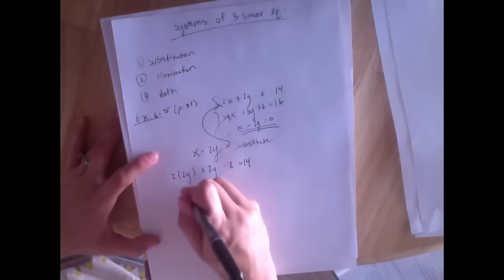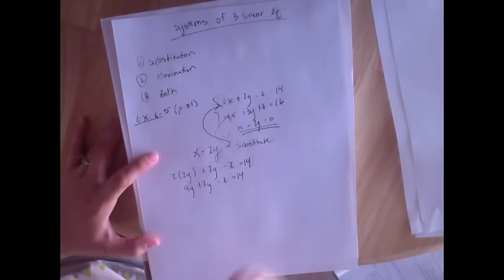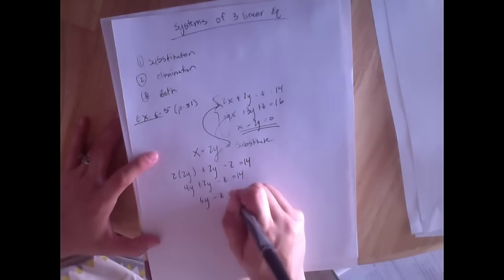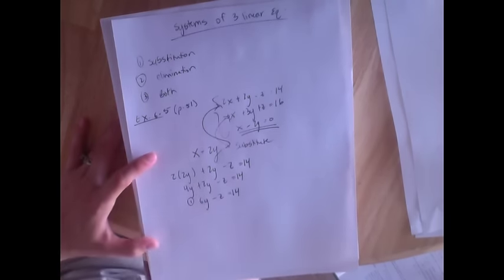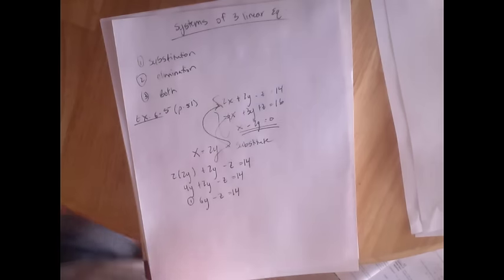I'm going to simplify. 4y plus 2y minus z equals 14, leaving me with 6y minus z equals 14. That's one of my equations. Don't forget to plug in for x everywhere there's an x. There could be multiple x's in your equation.